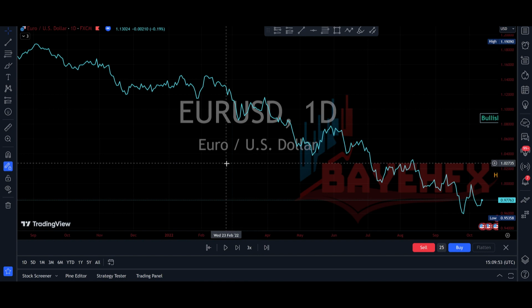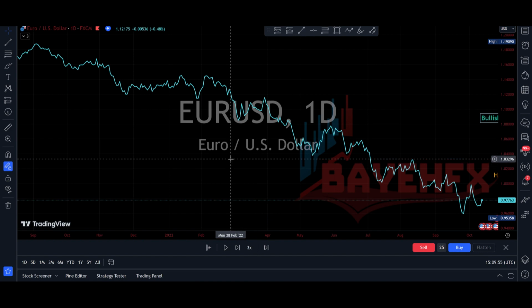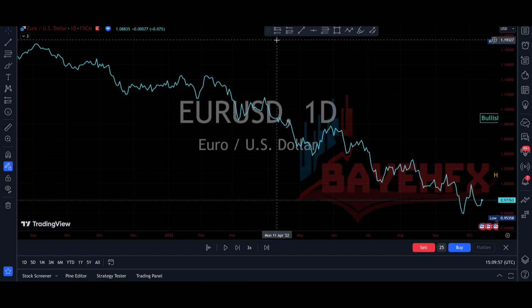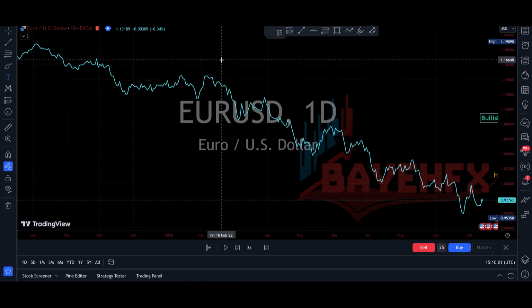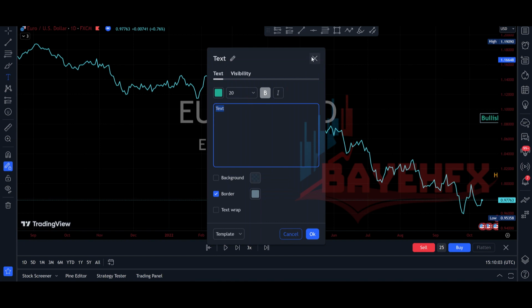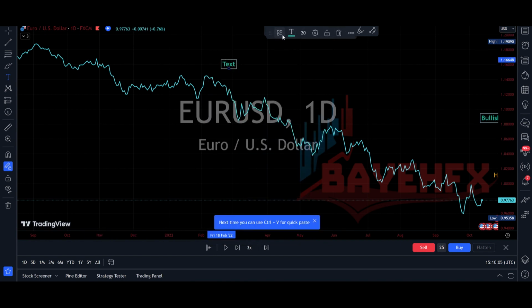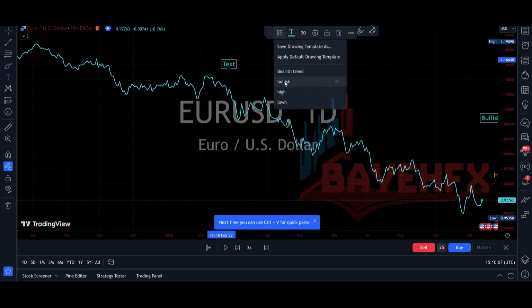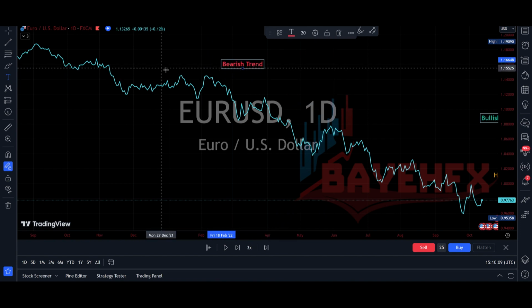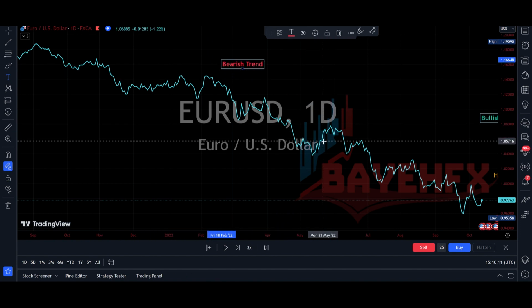Okay guys, and now for the bearish market structure, right? We are now back, and this is an example of a bearish market structure. A bearish market structure consists of the market making higher lows and lower lows, right?